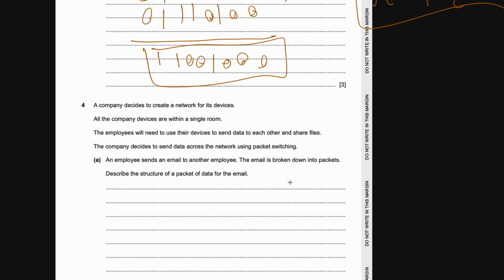So the data packet has 3 sections, right? The packet header, right, which contains the address, right, for the destination, and it has a payload, right? It has a payload that contains the main data for the email, and it has a trailer that contains data like the error detection system.